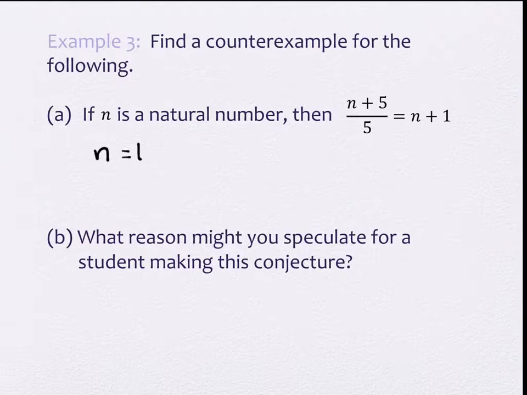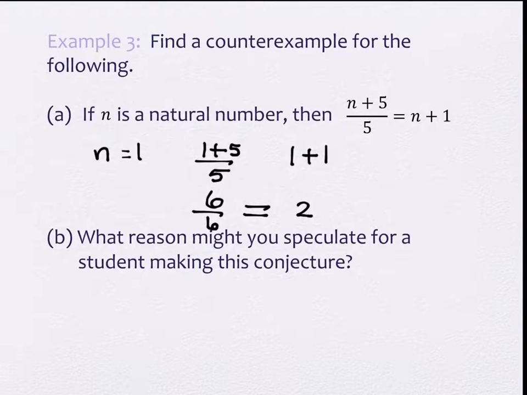1. Okay, so let's give it a try. We have 1 plus 5 over 5 on the left. So 1 plus 5 is 6, so we have 6 over 5 on the left. On the right-hand side, we have 1 plus 1, which of course is 2. 6 over 5 does not equal 2.